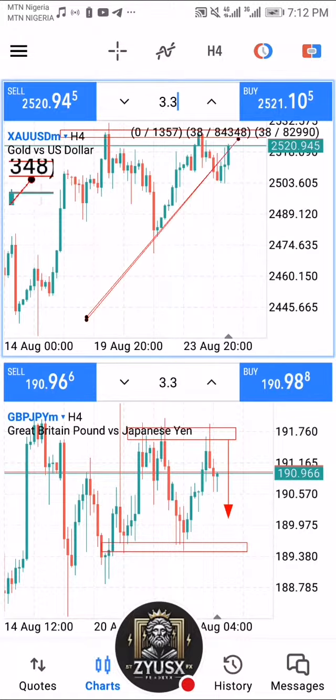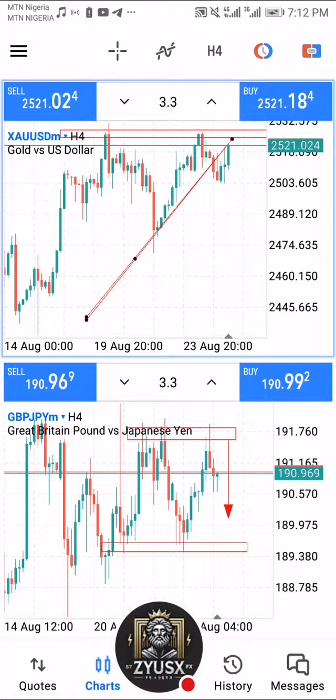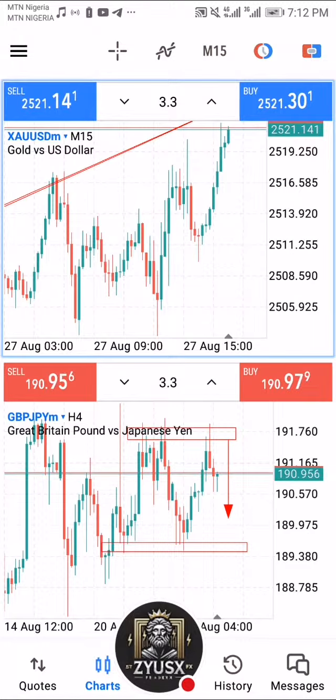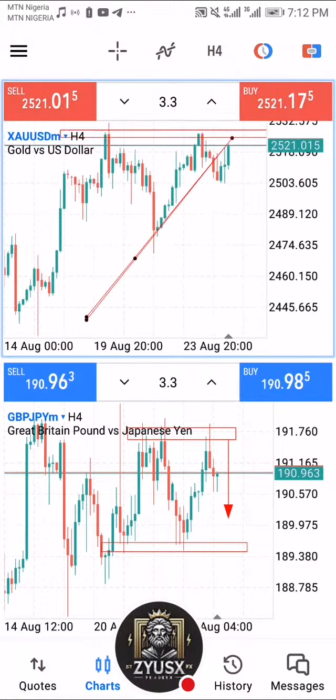But the rule of thumb, we are looking for sells, quite alright. But when price gets to the level, you shouldn't be the first to sell the market. After price gets there, we need to still scale down to see if that level is going to be respected through multiple weak rejections.